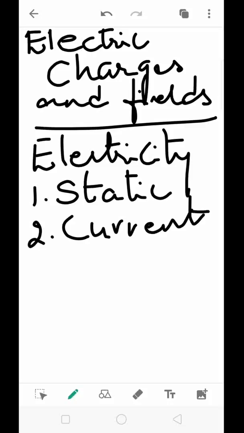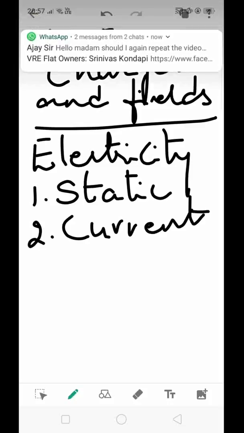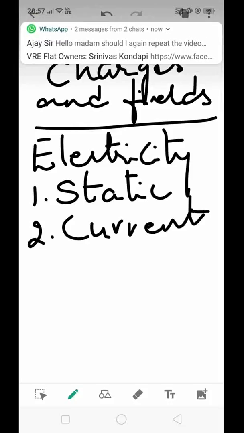So, coulomb is the SI unit of electric charge. We know very well that an atom is electrically neutral. It consists of a number of protons equal to the number of electrons.